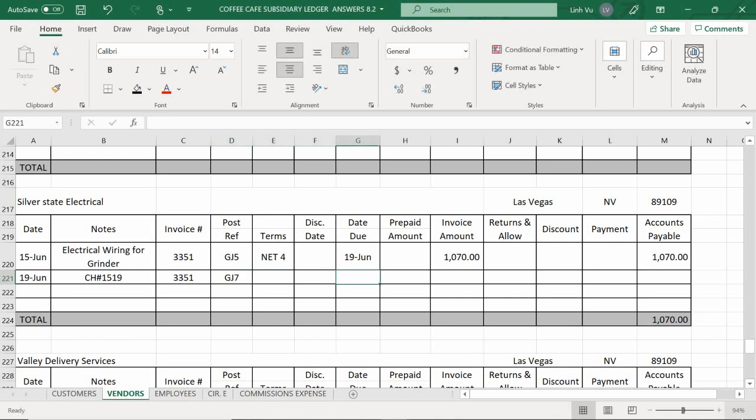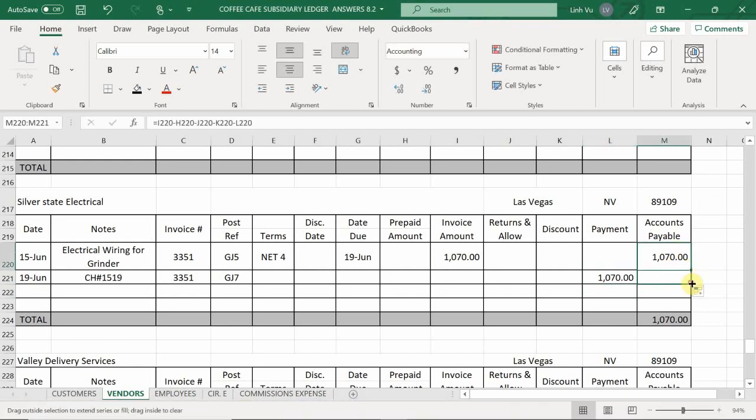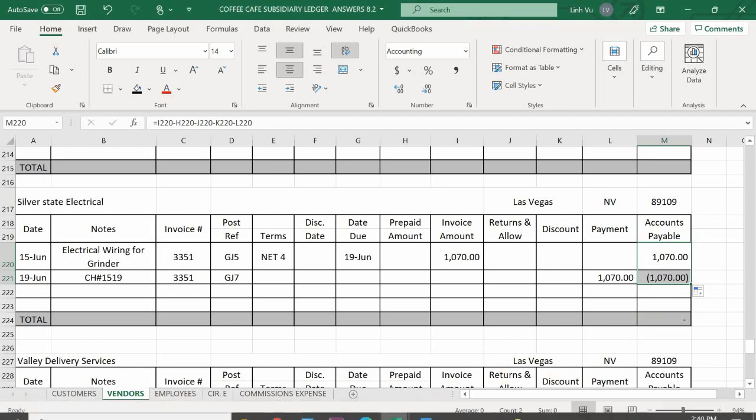Nothing here because you didn't receive a bill. What's the date? Payment, 1,070. So it's supposed to be good. Yep. It becomes negative, and therefore you owe $0 to Silver State Electrical. All right, good. Excellent.